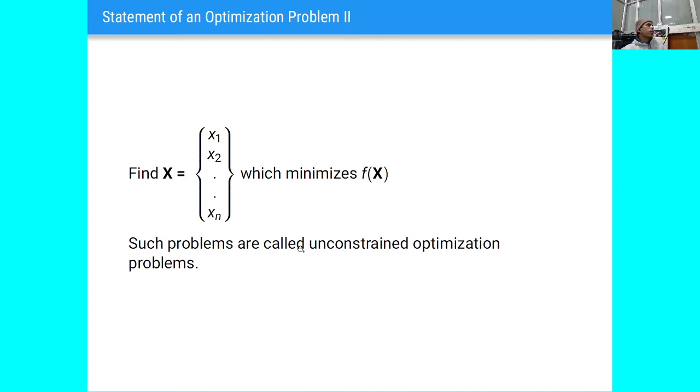But in real life, normally the problems or the techniques which are developed are based on constrained optimization techniques. Suppose I take the example of a wire drawing process. In wire drawing there is a die diameter or a die radius.